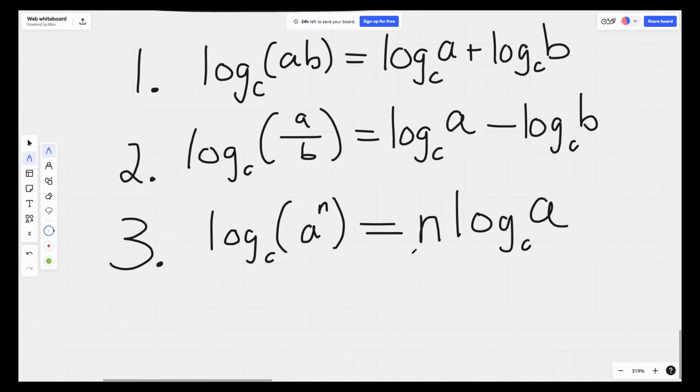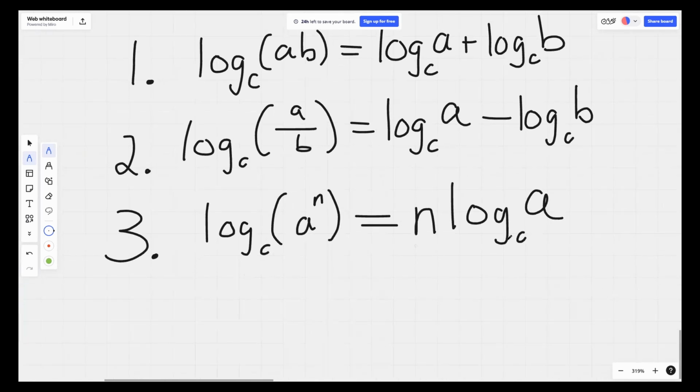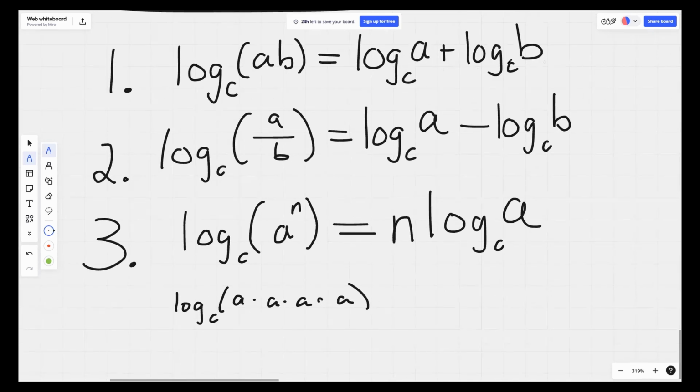And we can see that it comes from the first one. I'll show you why this third property comes from the first one. a to the n is just a times a times a, and so on. If we apply the first property over and over again, we get log base c of a plus log base c of the rest of this.